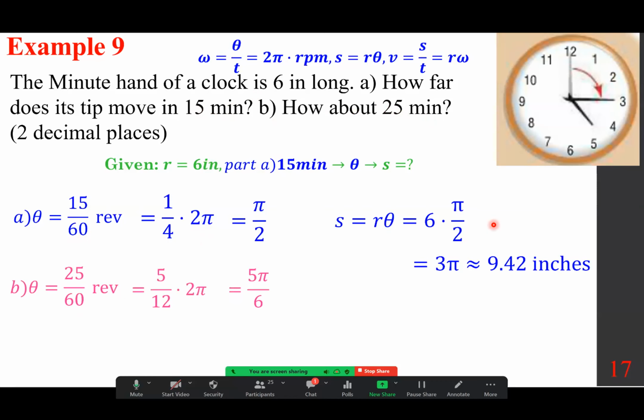And so in this formula, you replace the pi over 2 with 5 pi over 6. And that gives you precisely 5 pi, and approximately 15.71. Again, units of the radius, 15.71 inches.